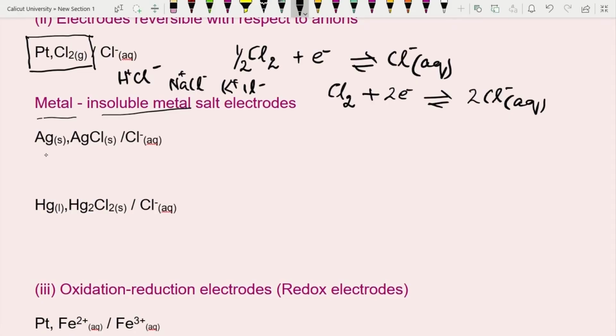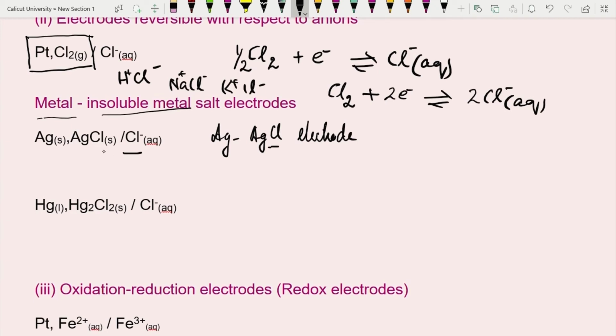Okay. So, here the first example is the silver chloride electrode. Here the insoluble salt is silver chloride, the anion is chloride, and therefore, this should be dipped in a solution containing chloride ions.